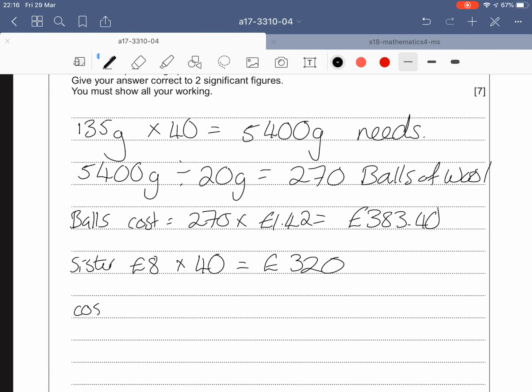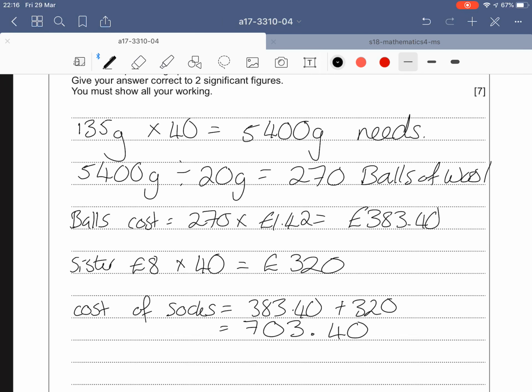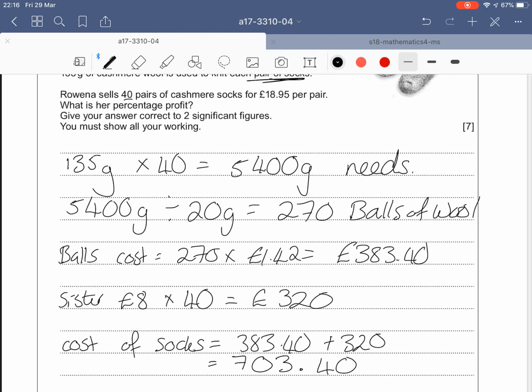So the cost of making the socks, we've got the £383.40, that's the balls. Then her sister, so she's got to pay £703.40. So that's how much she's paying to make all these socks.